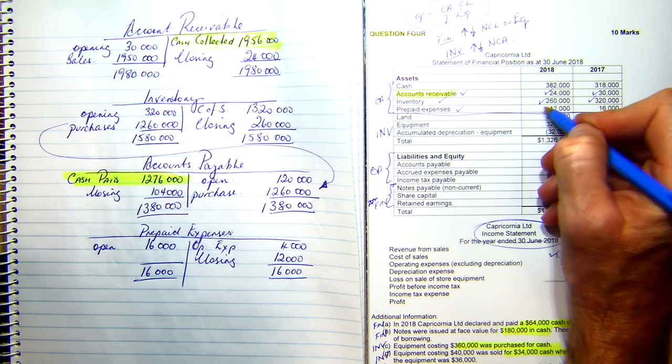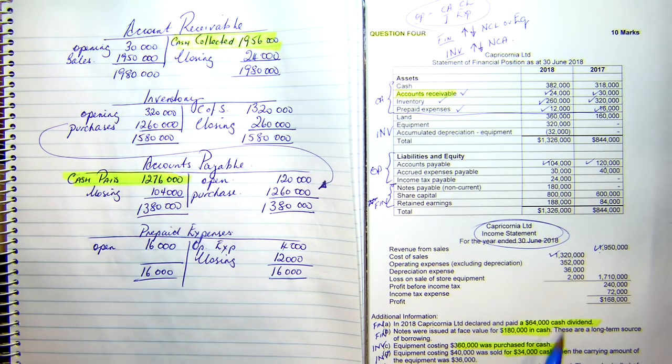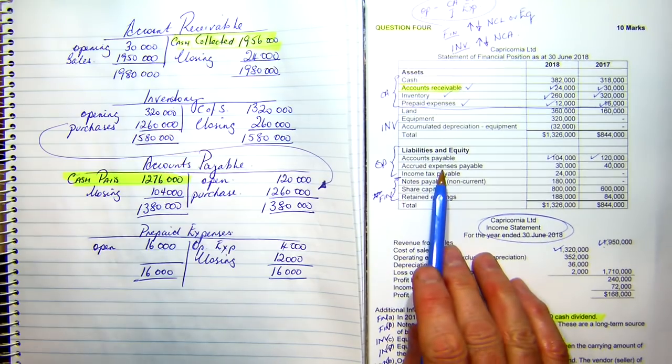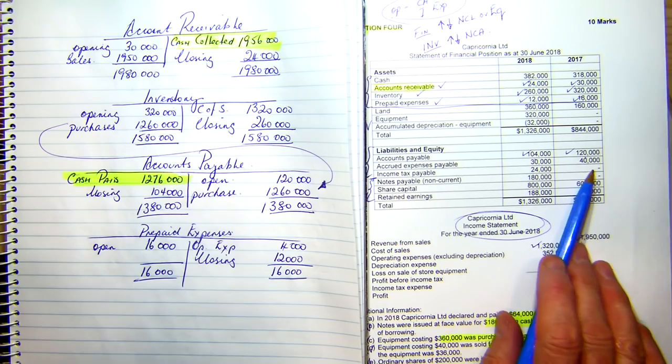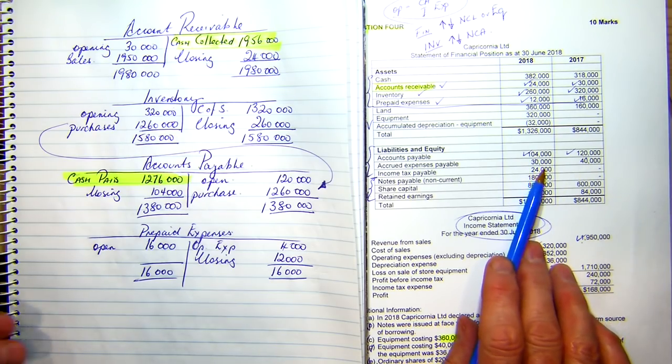Now there's no cash flow that I can pick out just yet, but I'm going to look at my other side, which is my accrued expenses payable. It started with an opening balance of 40 and a closing balance of 30.